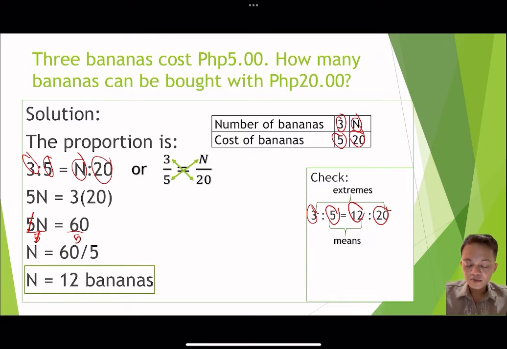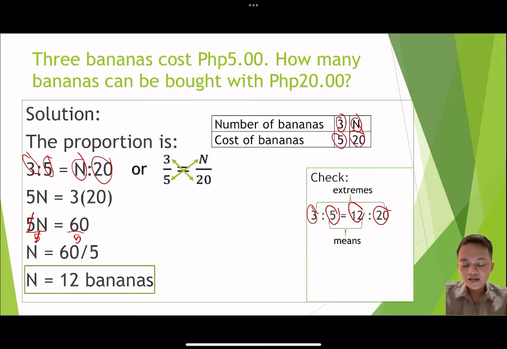Next, bring down 12n equals 24 times 75 is 1,800. And then, to eliminate 12, divide natin sa 12 both side. Cancel na yung 12 sa left side. N is equal to 1,800 divided by 12 is 150 pesos. Therefore, we will pay 150 pesos for 24 ball pens at the same rate.